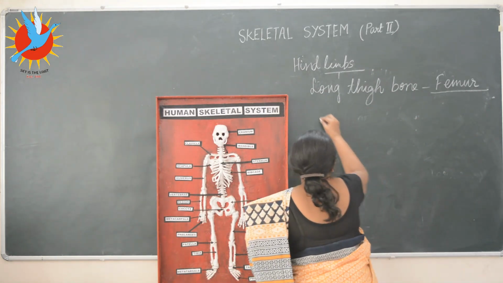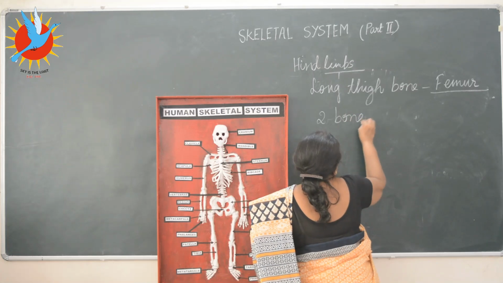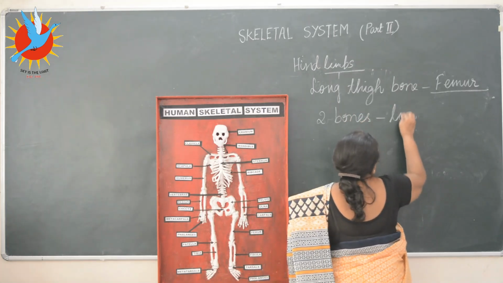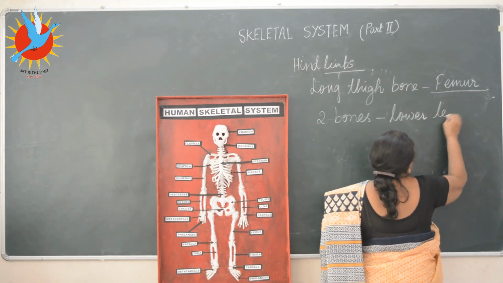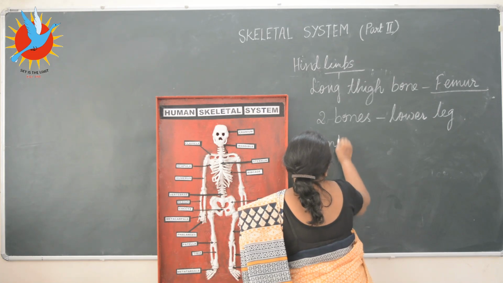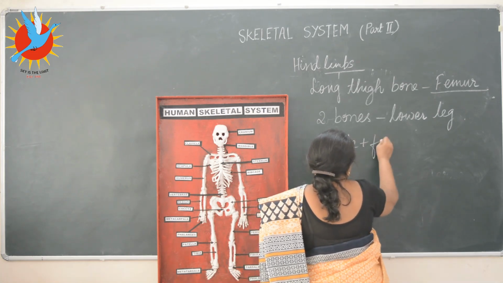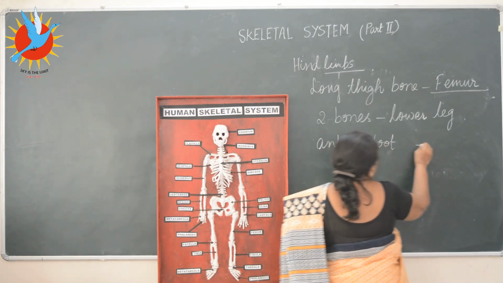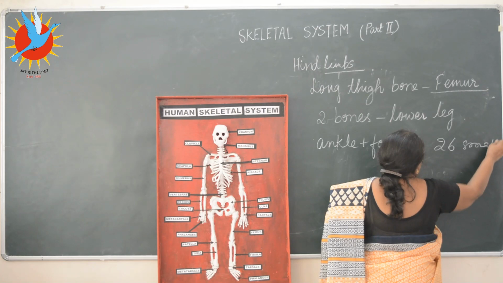Then we have got again two bones making the lower part of the leg, or the middle part of the leg, and we have got the ankle and the foot made out of 26 small bones.